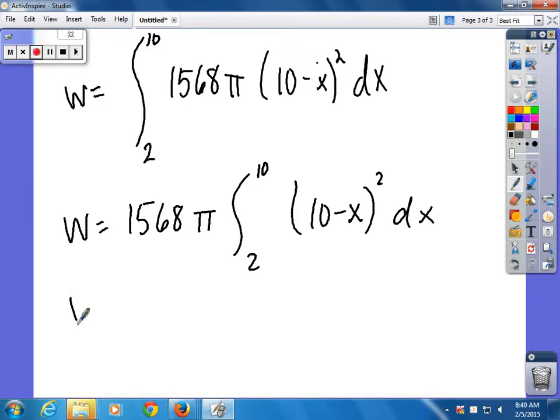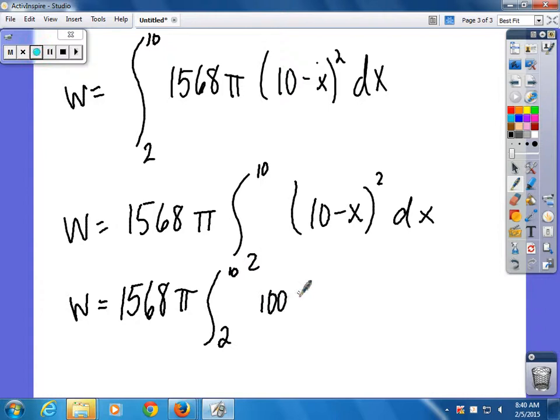So W, or W, depending on where you're from, 1568 pi, antiderivative from 2 to 10 of 100 minus 20x plus x squared dx. And now you can break it up into 3 antiderivatives, or just do it in your head, whichever one you want to do.